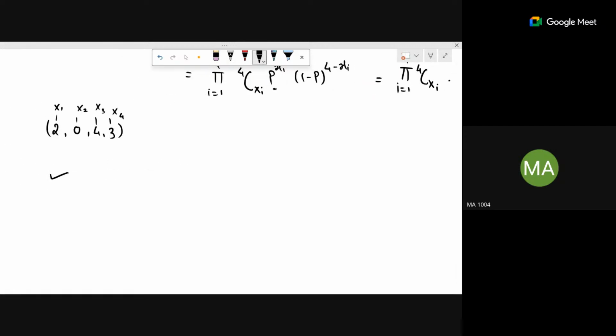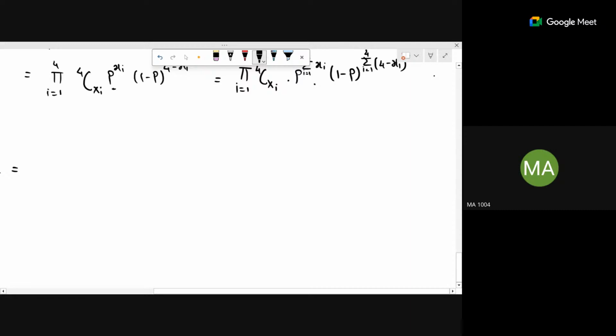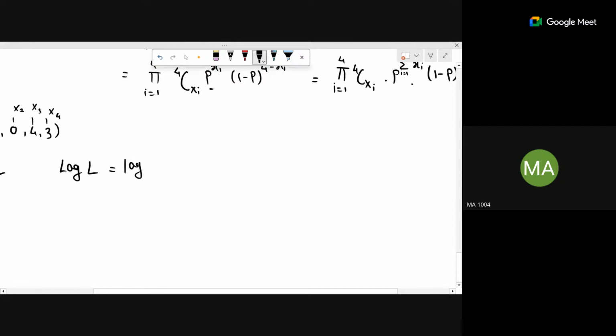If we take log L, then that will be the log of all the sums: log of the product for i equal to 1 to 4 of 4cxi, we'll separate it out again, no problem, and addition of log of p raised to the power summation xi.